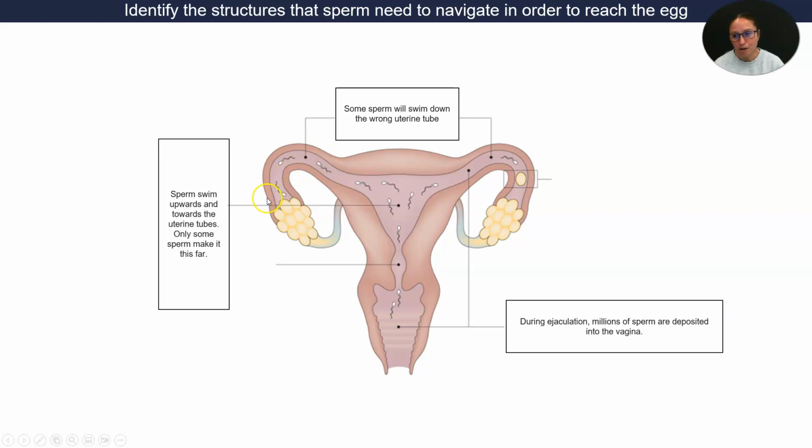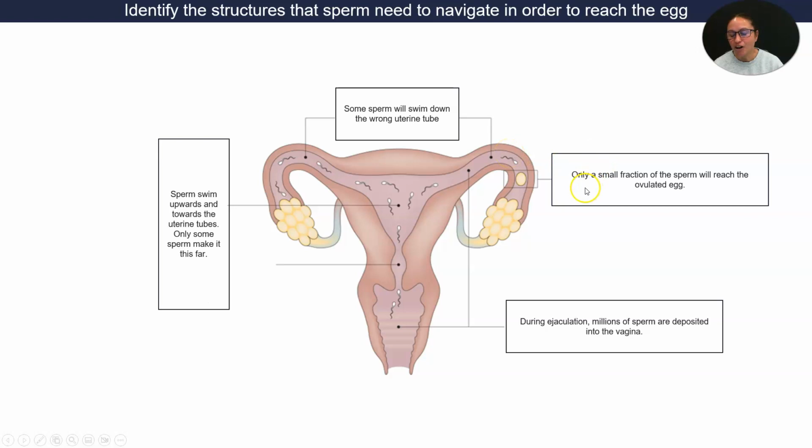So those sperm are kind of lost. But some sperm will turn the right way and find the egg. Okay, so this is where ovulation has occurred. So only a small fraction of the sperm will actually reach the ovulated egg.